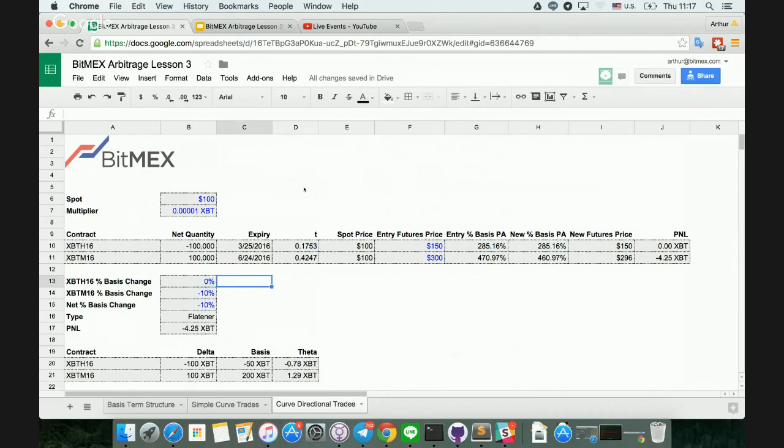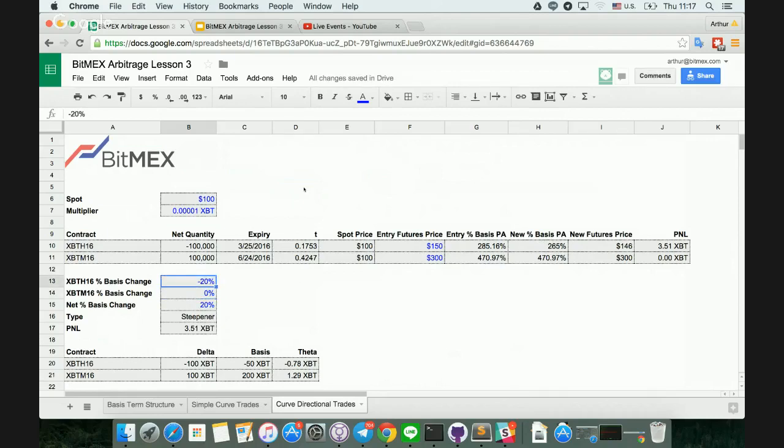Now let's go down here. How do we make money on this trade? We're long the M16. So what we want is for the spread to widen. So that means, let's assume that we keep M16 flat, H16 declines in terms of annual basis, right?